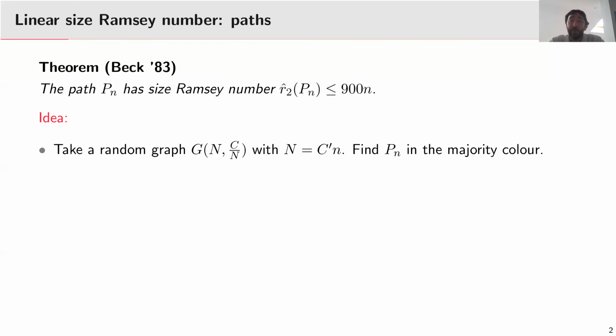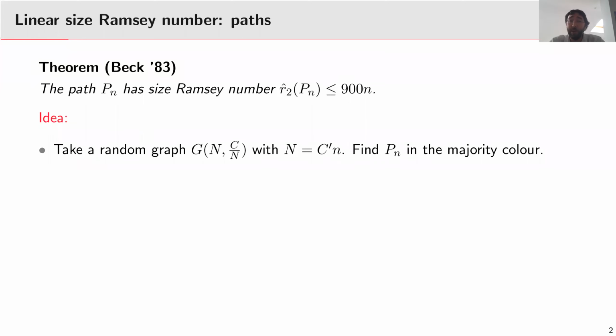He starts by taking a random graph with capital N vertices. Capital N is chosen sensibly a bit larger than little n, and edge probability constant divided by n. So this graph has at most 900 n edges, and then Beck explains how to find in any coloring of this random graph a path in the majority color.